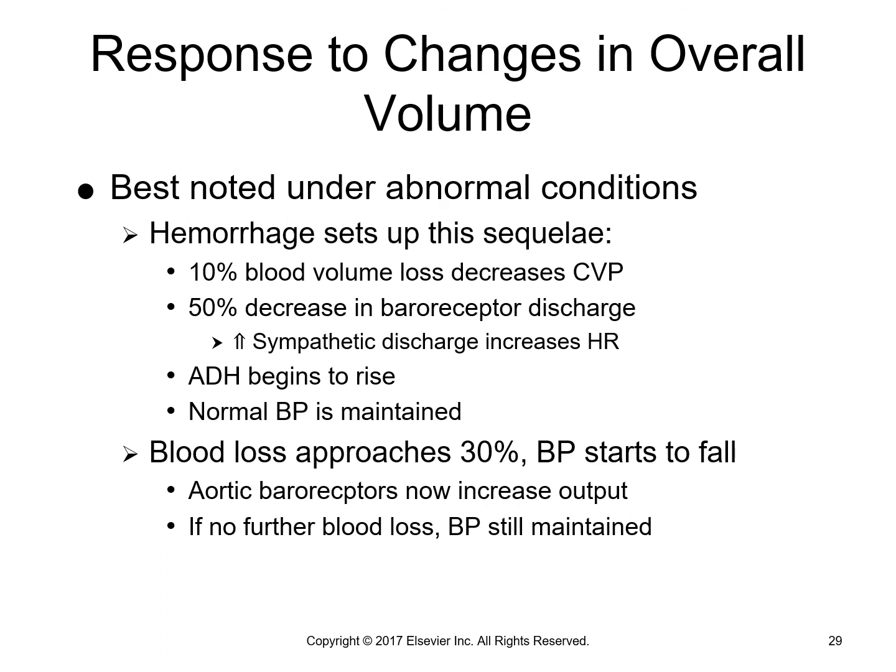Oh, I remember this part now. This is what happens when we have changes in volume. Respond to changes in overall volume. For example, if we have a hemorrhage, that being the most common.